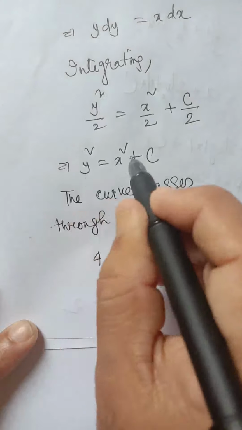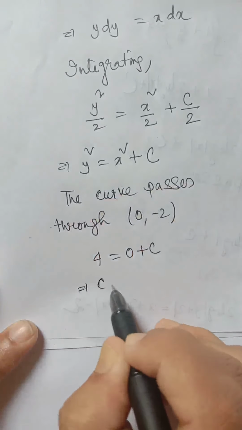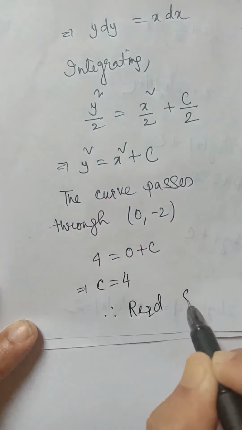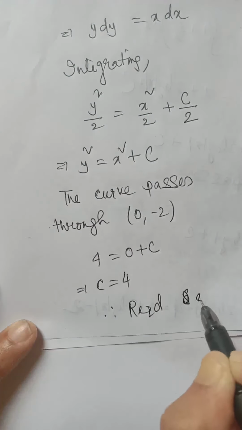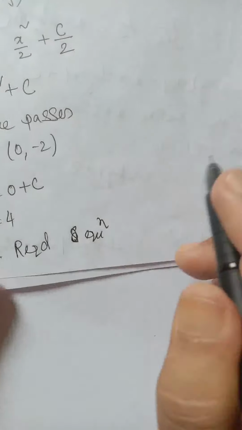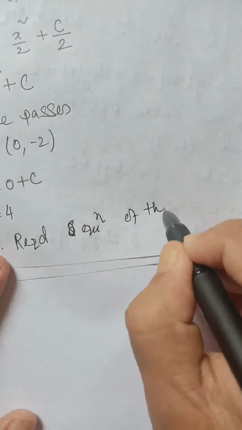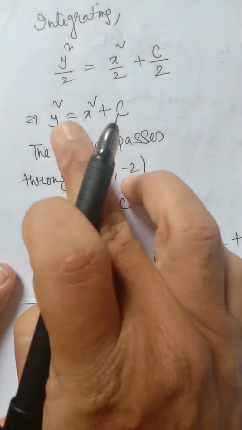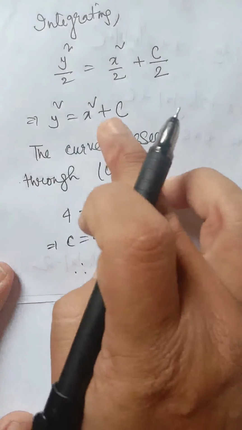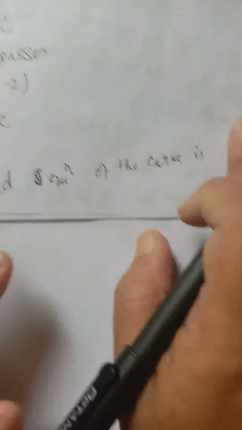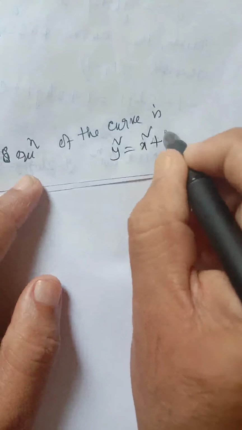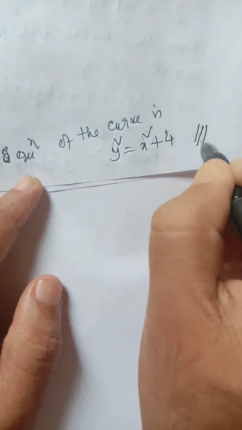Putting y equal to -2, x equal to 0, we get c equal to 4. And therefore the required equation of the curve is y square equal to x square plus 4. We put c equal to 4 here and we get y square equal to x square plus 4. So this is the particular equation of the curve.